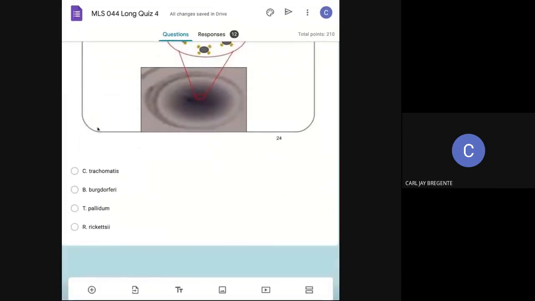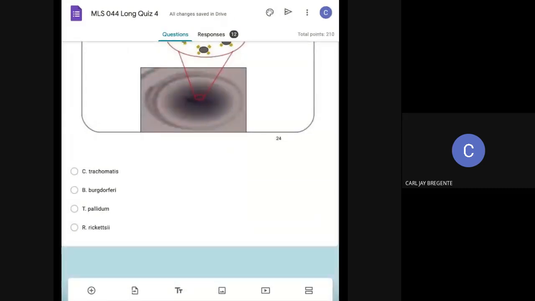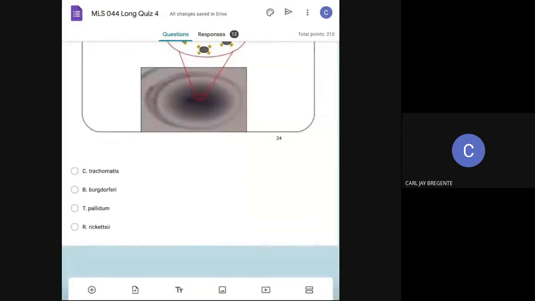Okay. Questions, clarifications. I will send, by the way, the answer key of the modules to the group mayor or through Nika, and Nika will share it with the group mayor. Questions, clarifications? Sir, what time is the exam in the afternoon?